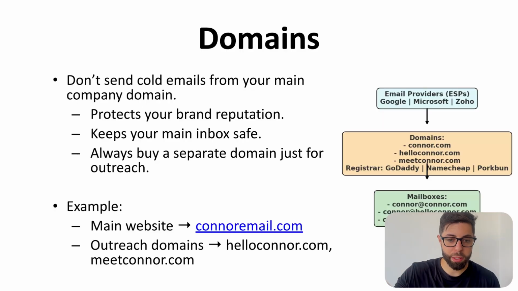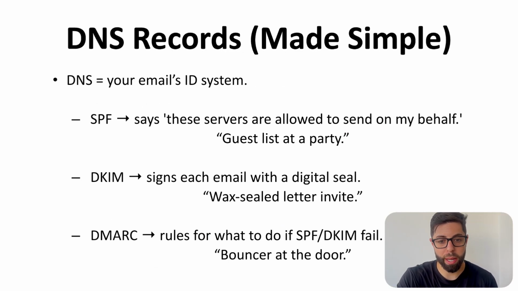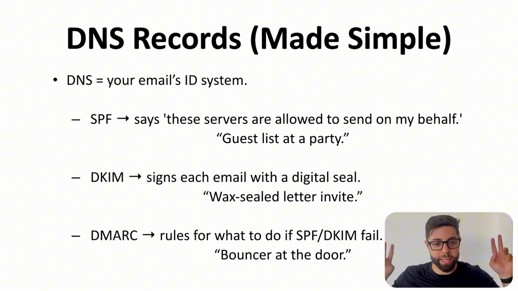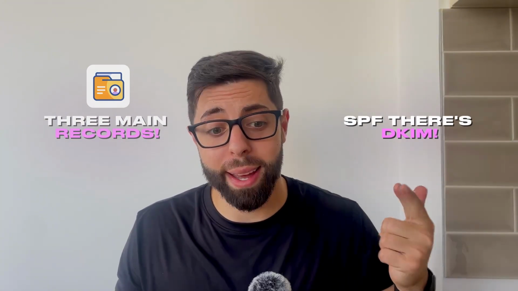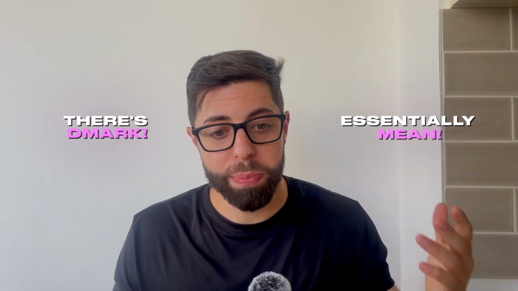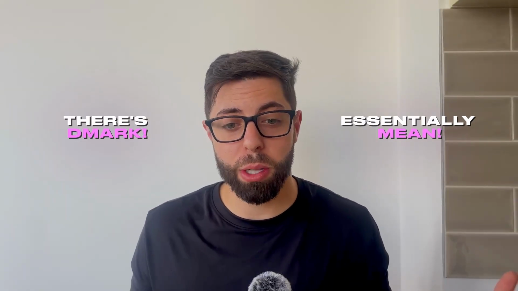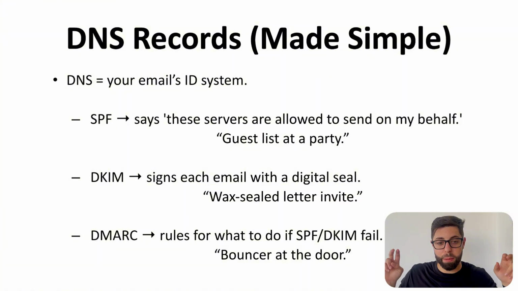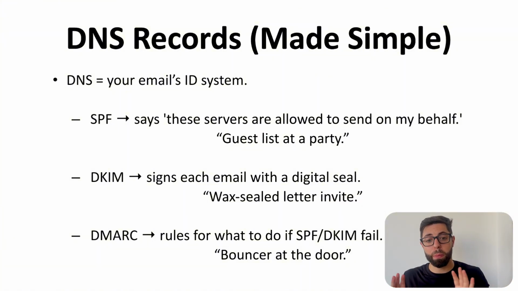Now, let's just say that we buy a domain. So coming back here, we bought helloconnor.com as an example. So to go into DNS records very quickly, and I want to make them simple for you, you can almost think about them as your email's ID system. And there's 3 main records. There's SPF, there's DKIM, there's DMARC. So what all of these 3 essentially mean is that your SPF records would pretty much be a guest list at a party, and your servers are allowed to send emails on your behalf.